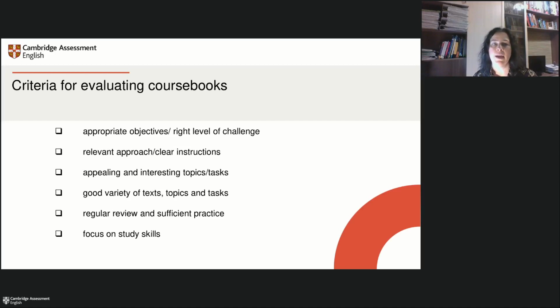You can have a look if there is an appropriate level of challenge. If the instructions are clear, or maybe you will have to clarify this or that task. If the topics are interesting, that's what we usually focus on a lot when we choose books, if we are allowed. If there is a good variety of tasks, but that's something that we see while using the course book already.